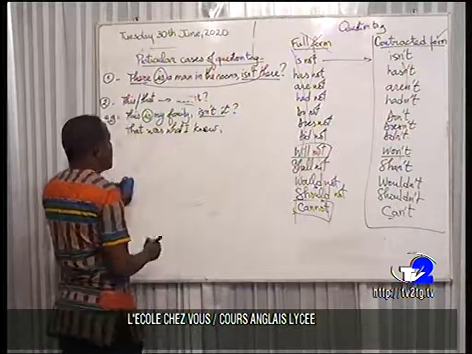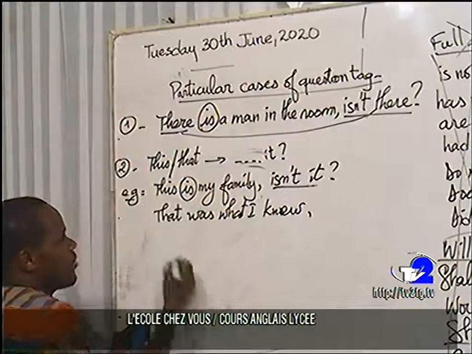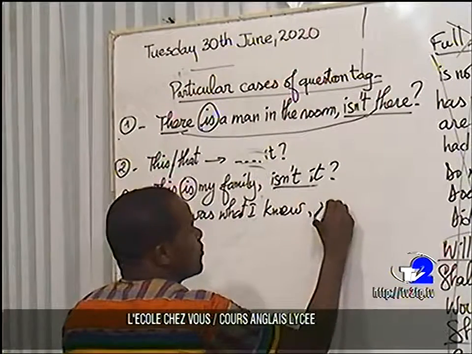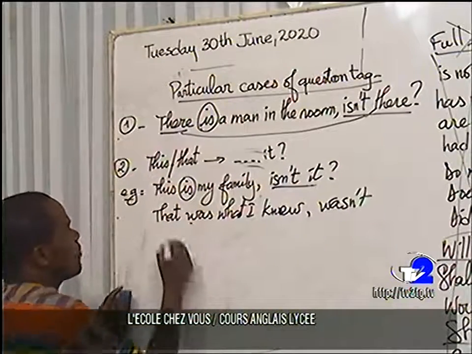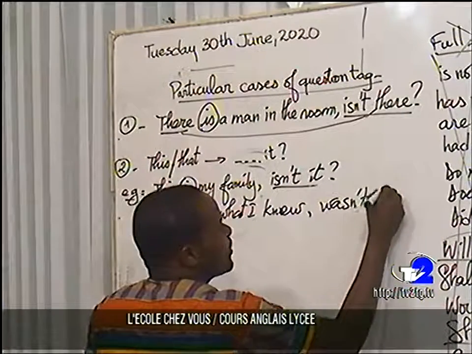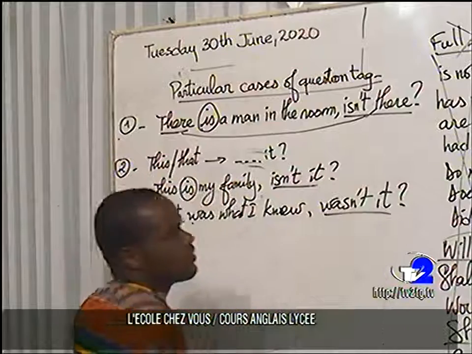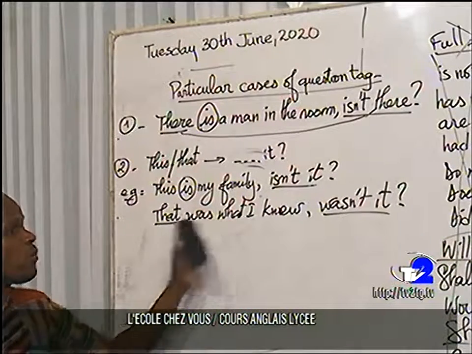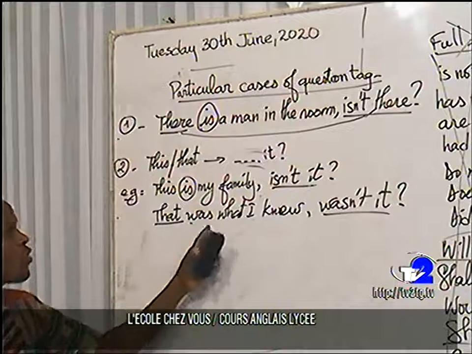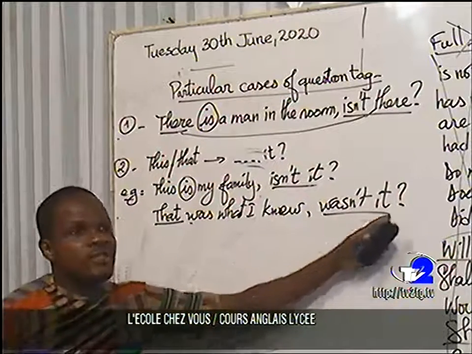For instance, when we are asked to find the question tag here, we have was. In positive, you put it into negative. Then you add that, which should be replaced by it. So we say, wasn't it? That was what I knew, wasn't it?